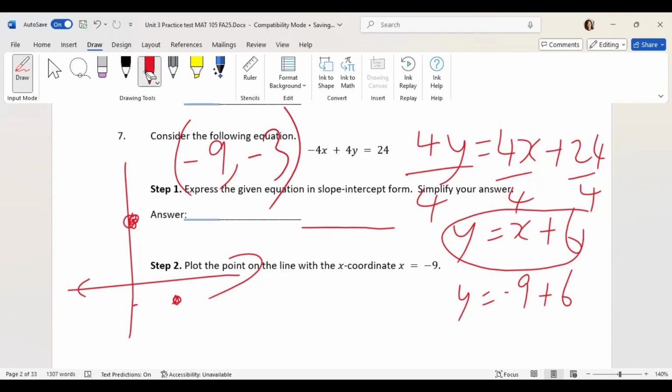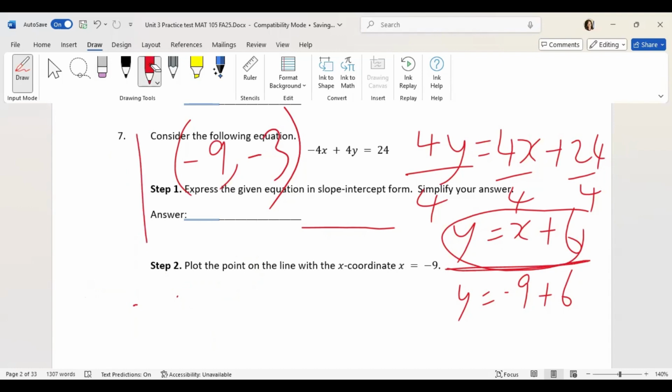If I connect these 2 points, because 2 points make a line in a coordinate plane, so I have the equation. Let's make sure the one I just drew is the original equation. So I'm going to clean this one and draw the original equation, which we are told to find: y equal to x plus 6.